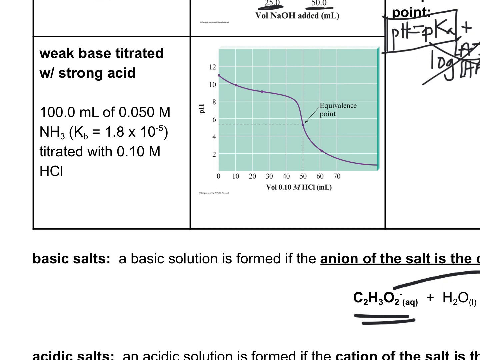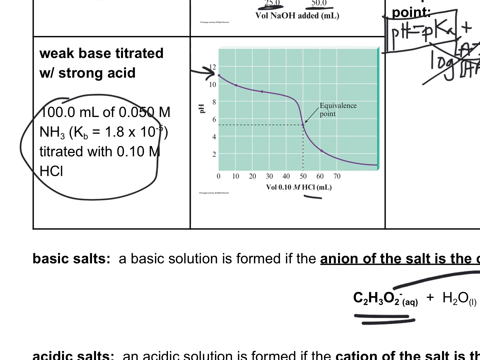Next, let's look at a weak base titrated with a strong acid, such as 100 milliliters of 0.05 molar ammonia titrated with 0.1 molar hydrochloric acid. Here's our titration curve. Notice the pH starts high because we're starting with our base, and then we are adding acid to it.